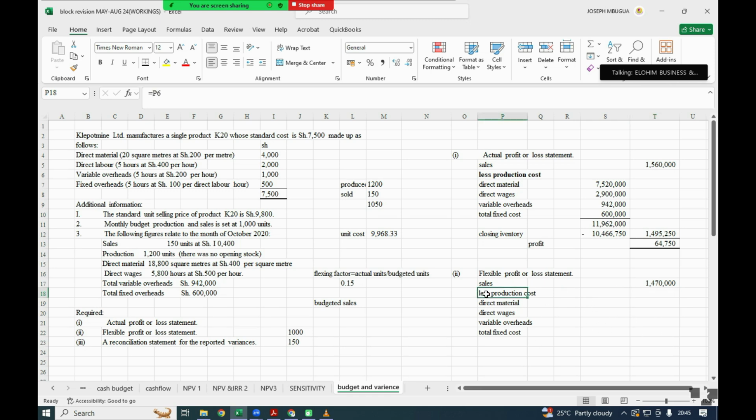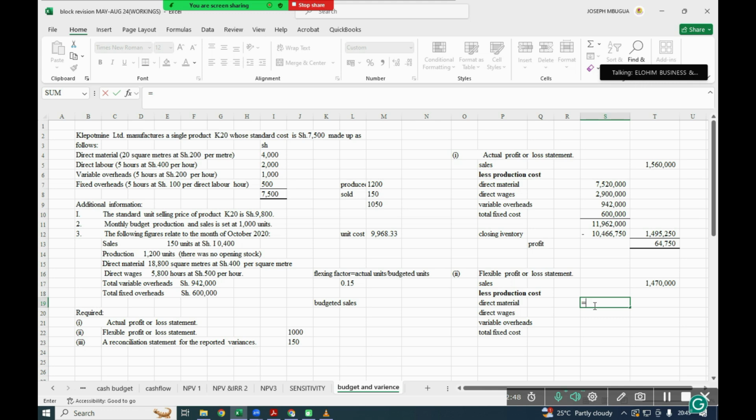Then we less the production cost. So direct material: the actual direct material used was 18,800, and we had budgeted 1 meter of the direct material at 200.